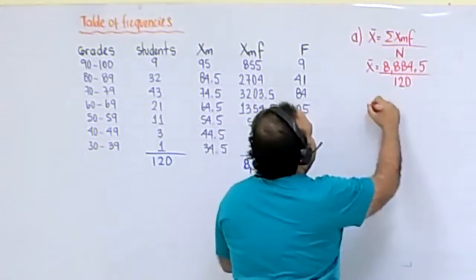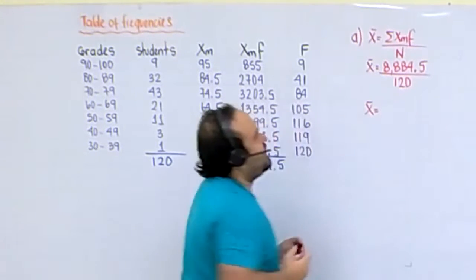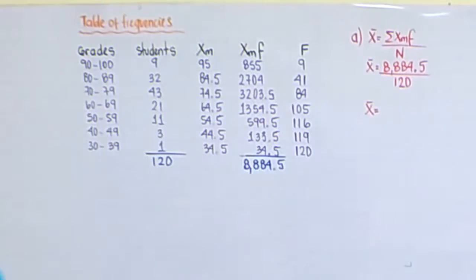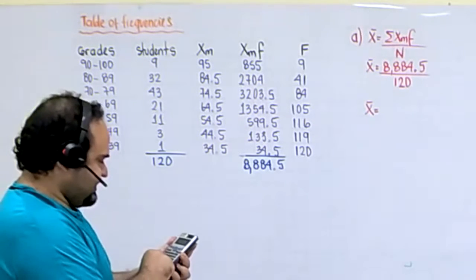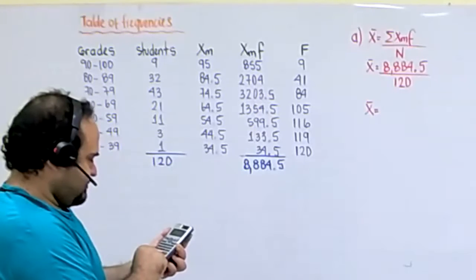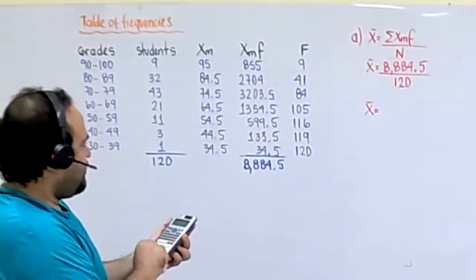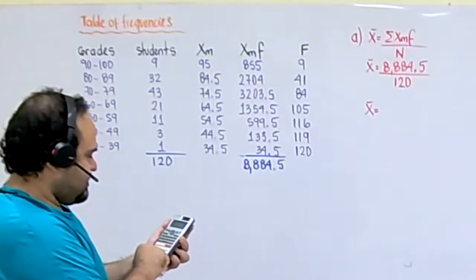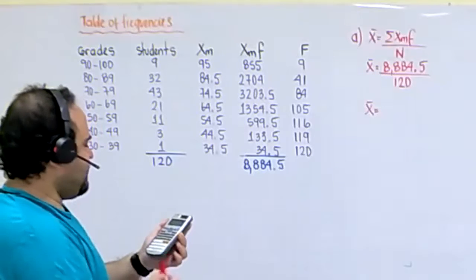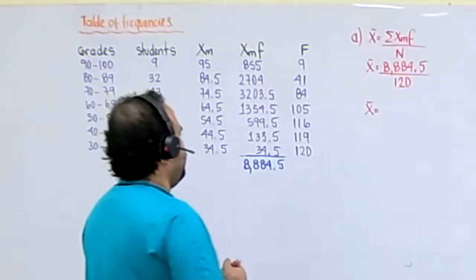For that situation, the arithmetic mean will be given by, ¿cuál de todas es la respuesta? Remember 8,000... 74.04. Okay. 74.04.